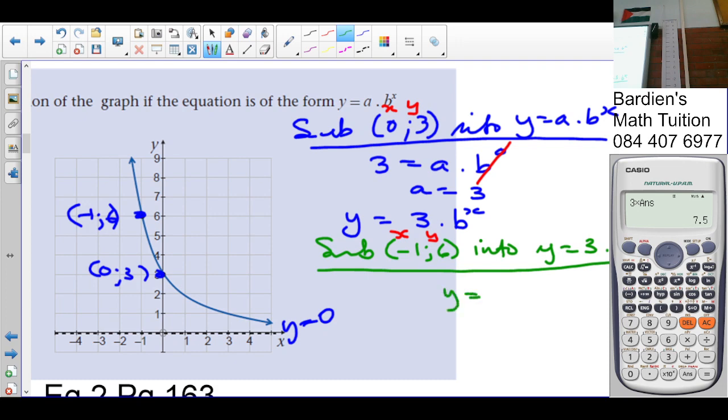If you have y is equal to 3 times b to the x and you substitute 0 and 3, you get 3 is equal to 3 times b to the 0. 3 is equal to 3. So it's not going to help us. And remember, we use a point once in this format only. Later on, in grade 12, we can use a point twice, when the turning point is given. But for now, use a point once.